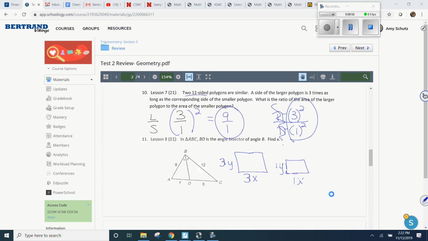What's the area there? 1xy. What's the area here? 9xy. So if you look at the ratio of the large one to the small one, these cancel and you get 9/1. Square that scale factor, that ratio between them.